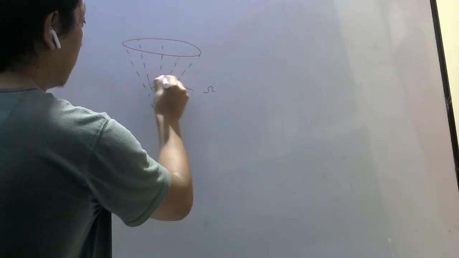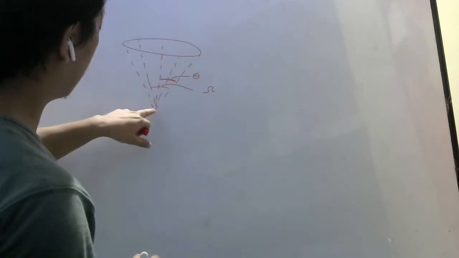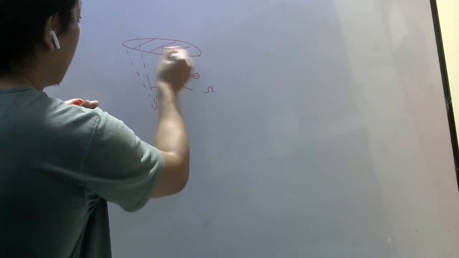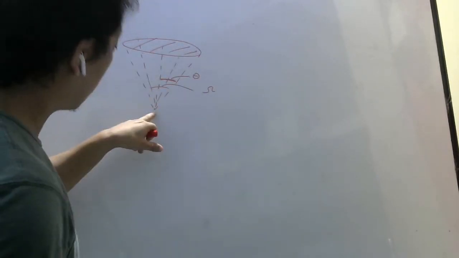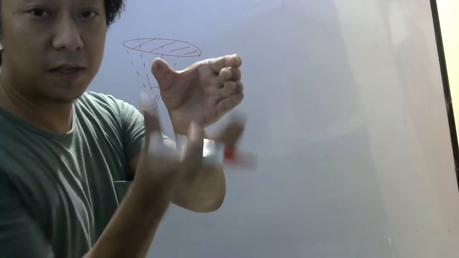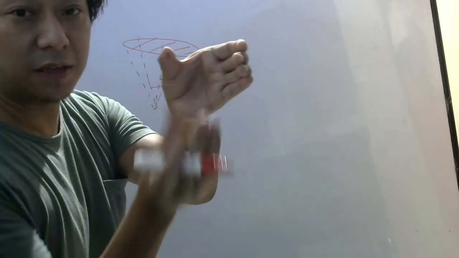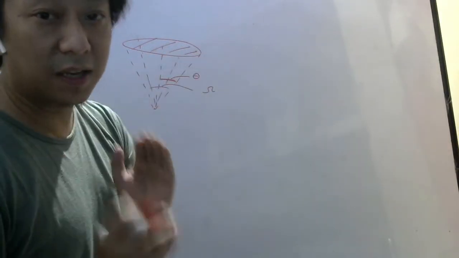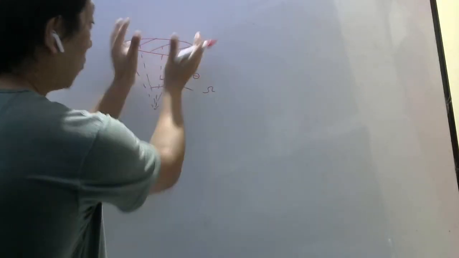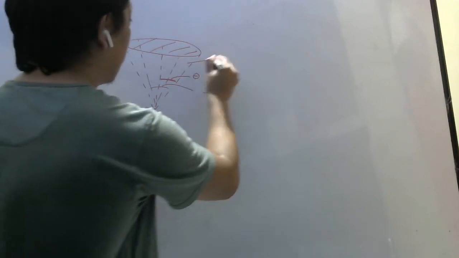If you have a circle and you want to find the solid angle subtended by this area at this point, then you have to draw these lines from the circle. So some 3D kind of angle is formed. That angle is called solid angle. Now this looks like a cone.